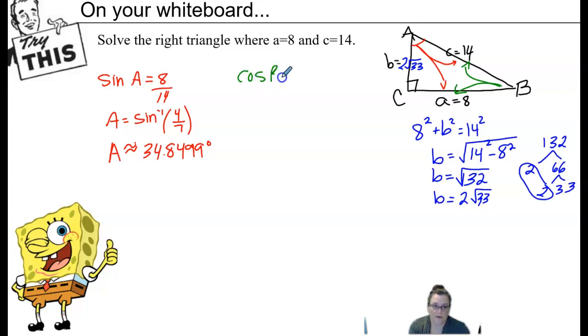So the cosine of angle B is equal to the adjacent side 8 over the hypotenuse 14. So taking the arc cosine of each side, angle B is exactly equal to the arc cosine of 4/7.